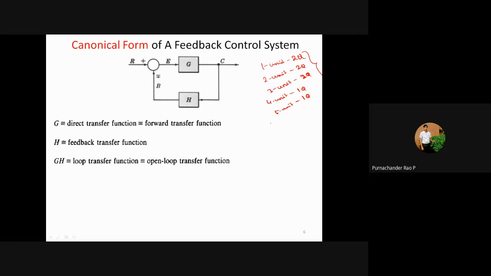So you may expect any question from this, and also from the open loop and closed loop systems and the mathematical modeling transfer function, and also the mathematical modeling of armature controlled DC servo motor and field controlled DC servo motors. You may expect questions from these also.